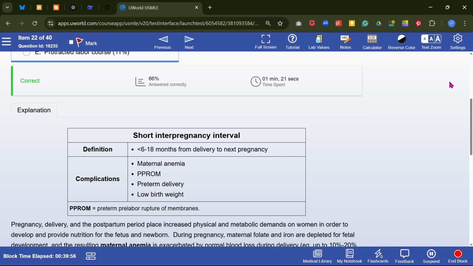Everyone should take a break of at least 2 years from one pregnancy to another, so it is easier to remember.